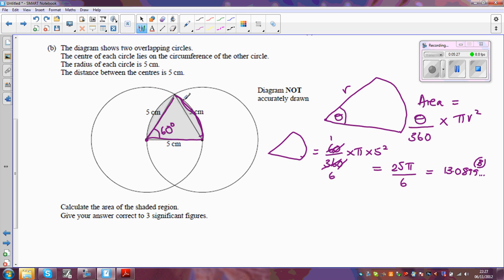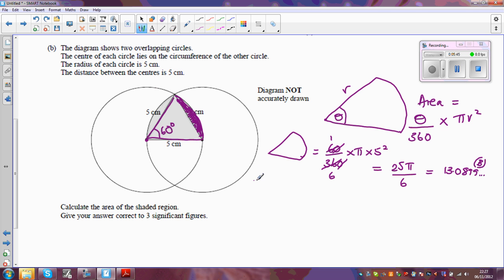Right, what I'm now going to do is work out the area of just this little bit here. You can see that this little bit is going to be the area of this sector here, take away the area of the equilateral triangle. Now I've just worked out the area of the sector.